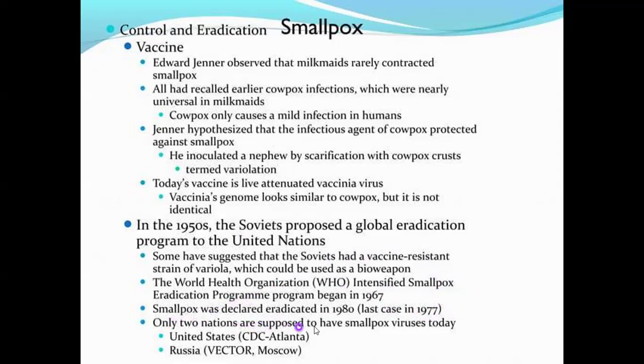Only 2 nations are supposed to have smallpox viruses today: the United States, through the CDC, the Centers for Disease Control in Atlanta, and Russia, at Vector in Moscow. Okay, so don't worry about smallpox. It is not a disease that is there; it was eradicated in 1980.